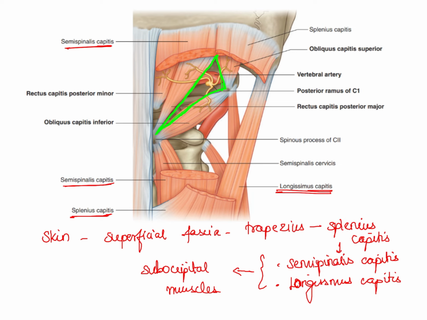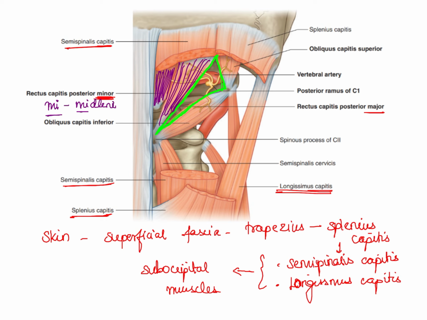And if you look into this picture, the triangle is bounded medially by rectus capitis posterior minor and rectus capitis posterior major. You can see rectus capitis posterior major, and this is rectus capitis posterior minor. So, we can make out that the minor is situated more towards the midline. MI stands for the MI of midline.